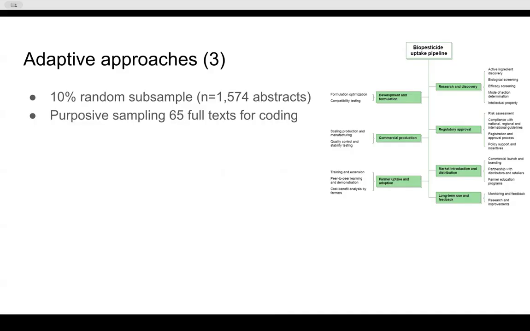We then, of those randomly sampled search results, purposively selected a total of 65 to represent all of the main stages of the development pipeline. So we had some records from each of those steps.